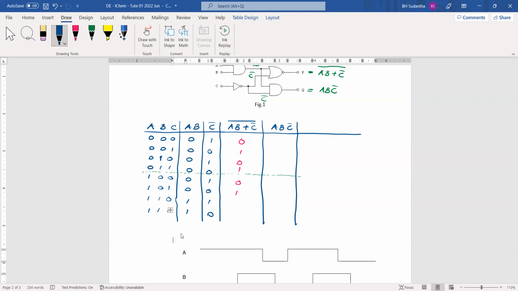It is 1, 1, it's 1, but here 0. This is 1, 0, 1, it's 0.